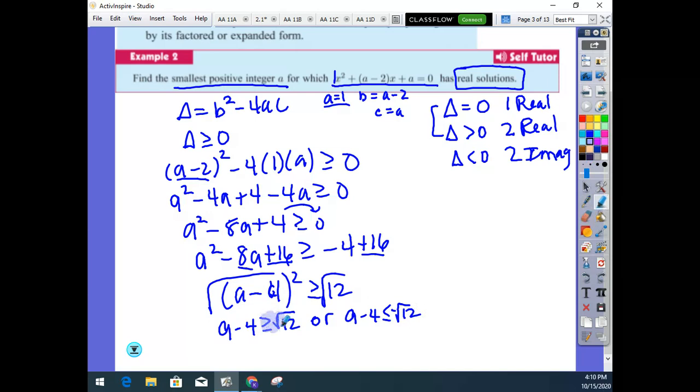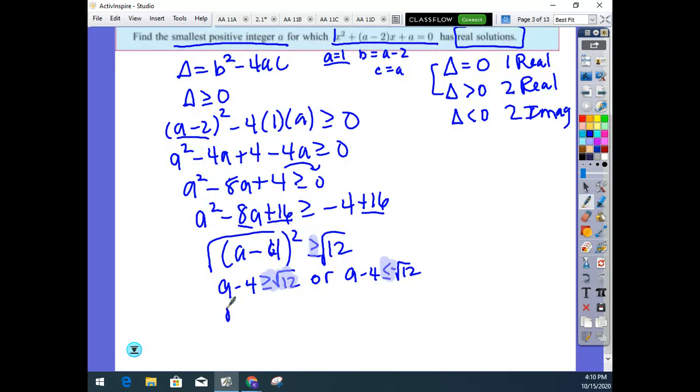So my positive square root of 12 stays greater than, matches the equation. My negative case, I switch the inequality. All right. So here I would get a is greater than or equal to 4 plus the square root of 12, and that's approximately 7.46.